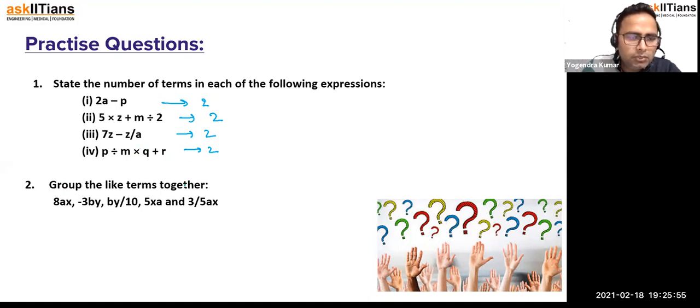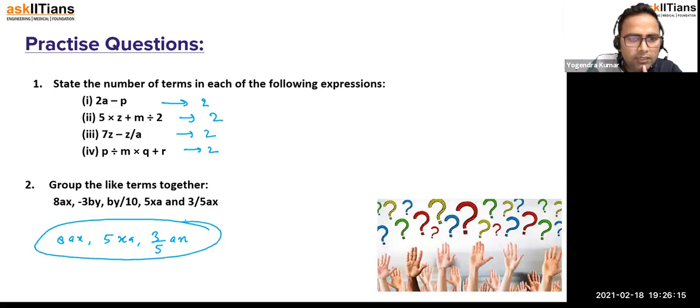Group like terms together. So ax, is ax there? Yes. Ax and xa, that doesn't create any difference. So 8ax, 5xa, 3. Now it is 3 divided by 5ax.